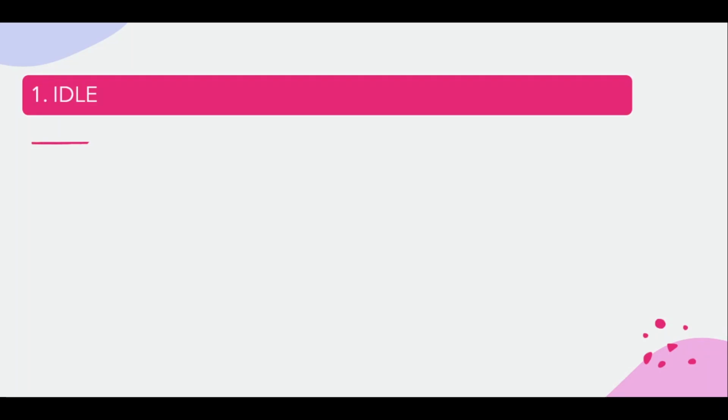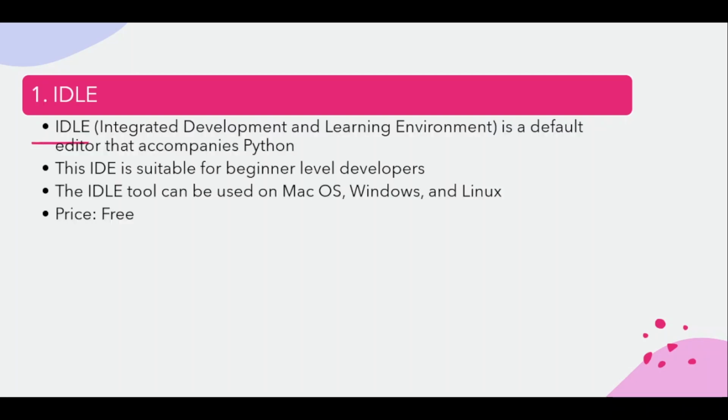First one is IDLE, which I just introduced while installing Python. That comes as a default IDE. This IDE is a good one for beginners. It can be used with Mac, Windows, or even Linux, and it's free.